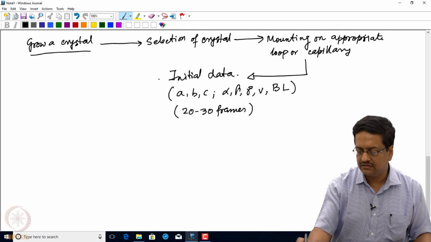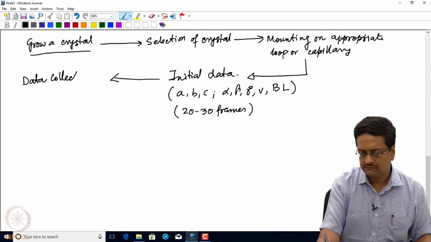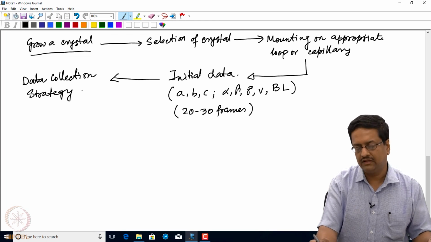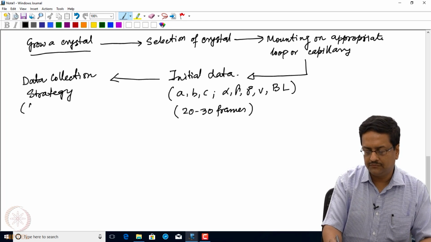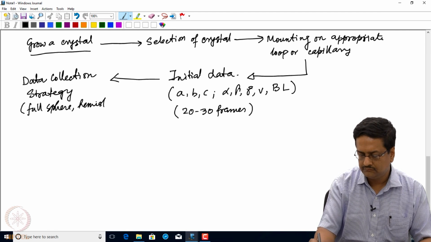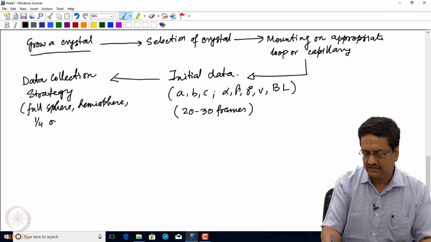And then from there we determine a data collection strategy, whether we need a full sphere data or a hemisphere or a quadrant or octant data.